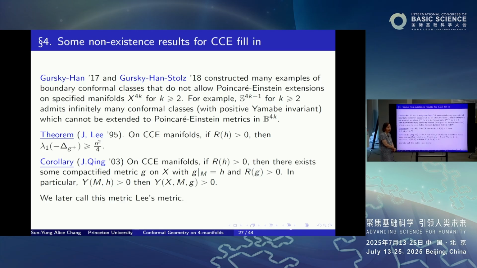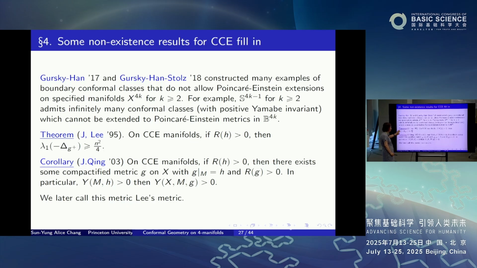And they say in S^7, if you consider the space of positive scalar curvature, but if you start at a component which is not in the component of the canonical metric, then B^8 is not allowed to be the compactification of S^7. So there is a non-existence result. This uses a Dirac operator. Okay, so there is a non-existence result.